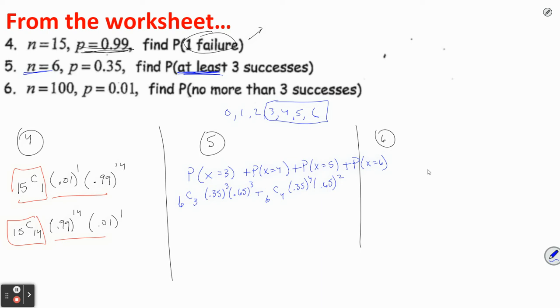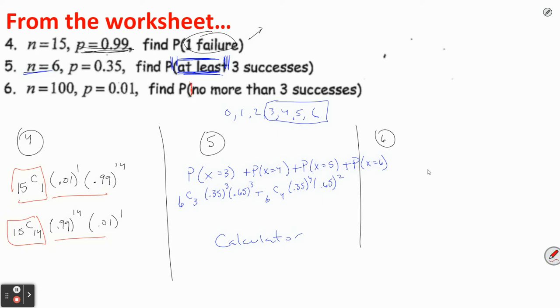So you can see where that starts to be a real pain in the butt. And so this is screaming for a calculator, which we'll get to here in just a little bit. But I want you to appreciate the need for a calculator in this word at least. This at least is something you're really going to have to focus on.